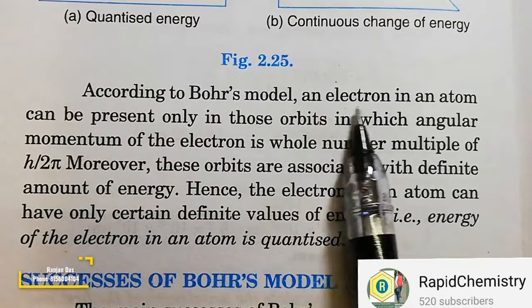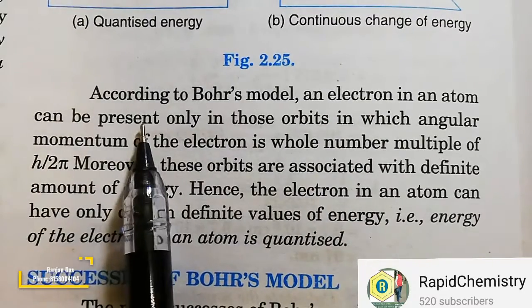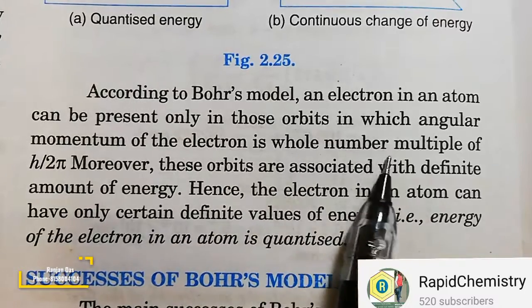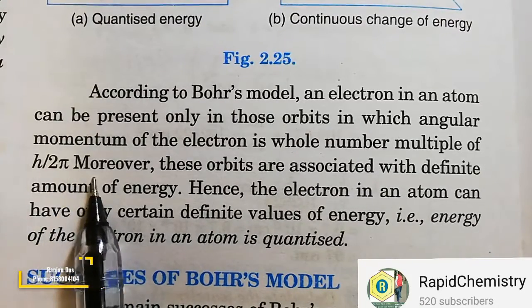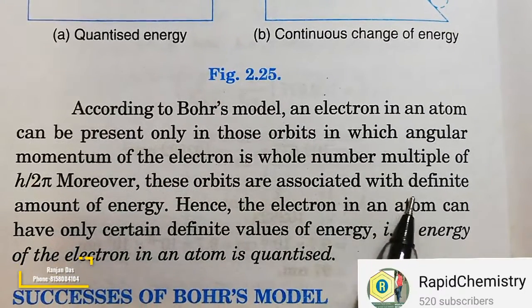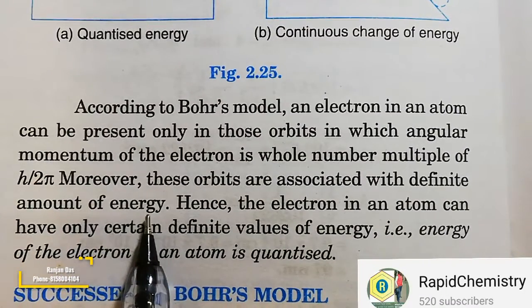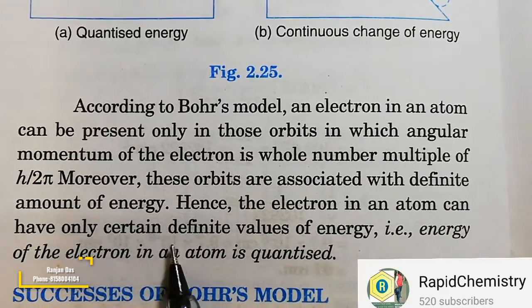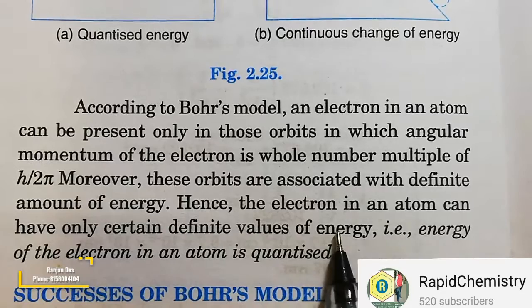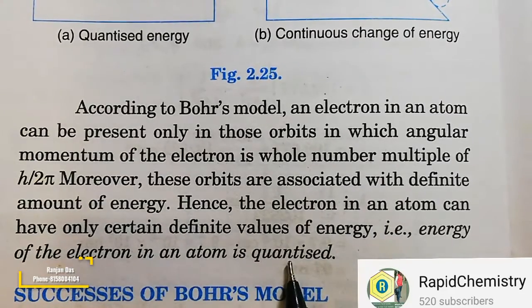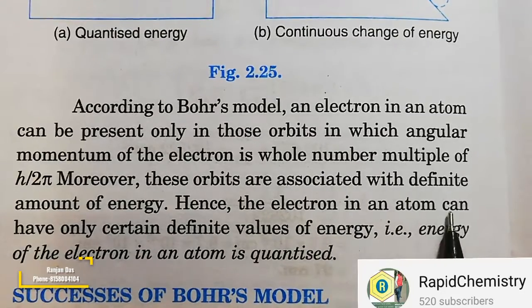According to Bohr's model, an electron in an atom can be present only in those orbits in which the angular momentum of the electron is a whole number multiple of h by 2 pi. Moreover, these orbits are associated with definite amounts of energy, so the energy of the electron in an atom is quantized. Hopefully you got that one.